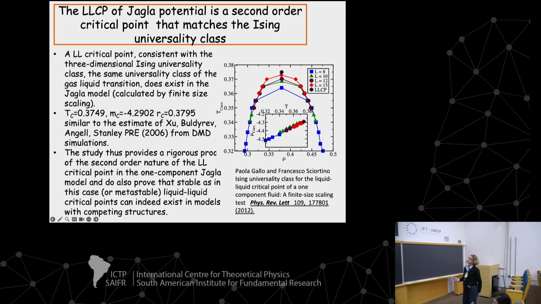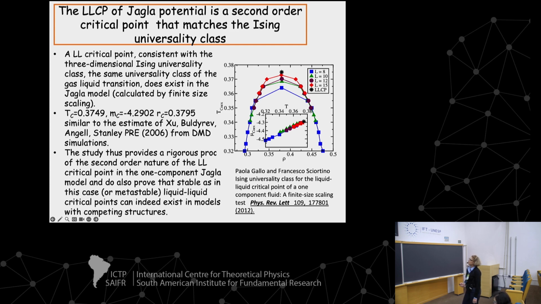So this study provides a rigorous proof that it is a second-order critical point, but it also proves that all these methods to estimate the location phenomenologically are completely correct, as the theory predicts, because if you have a crossing of the isochores, you have a critical point.